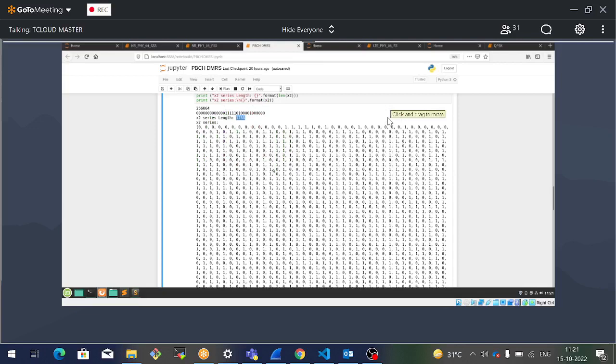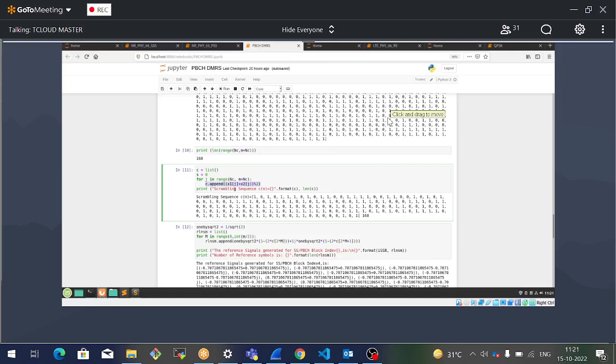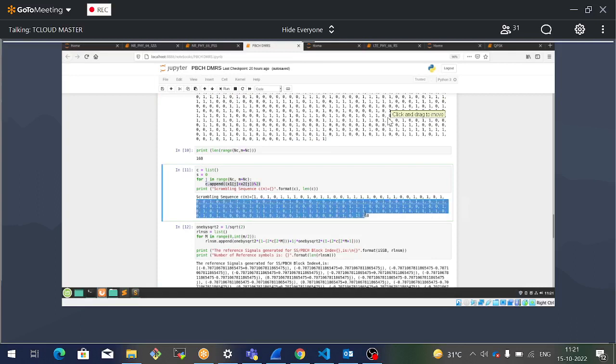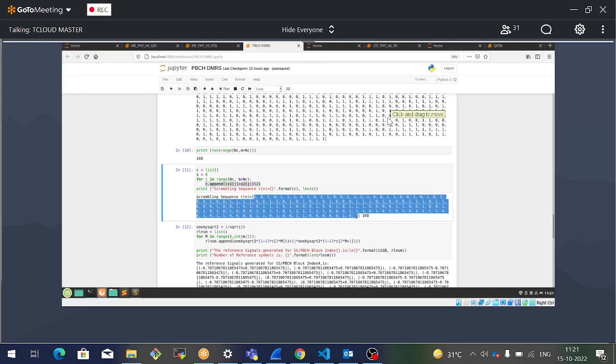Once you have x1 and x2 sequences, you can generate the scrambling sequence. This scrambling sequence is of size 168 elements. From the x1 sequence and x2 sequence, we have computed the scrambling sequence by substituting their last 168 values and performing modulo 2 between them.